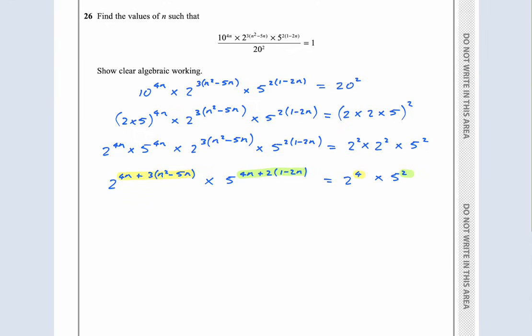So let's write that down. We're going to have 4n plus 3 times n squared minus 5n has to equal 4, and 4n plus 2 times 1 minus 2n has to equal 2.